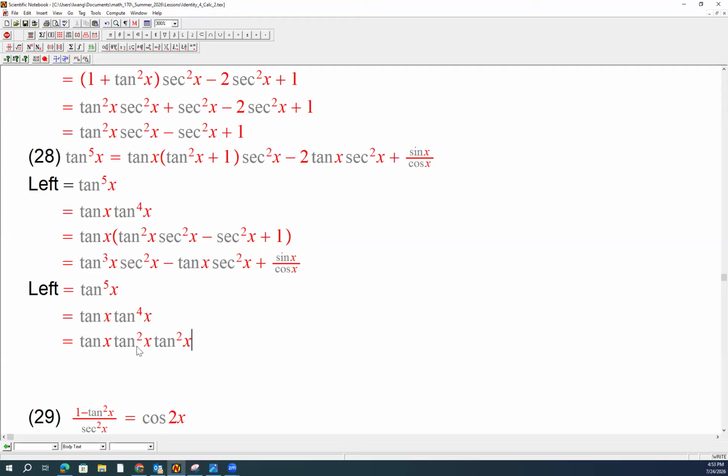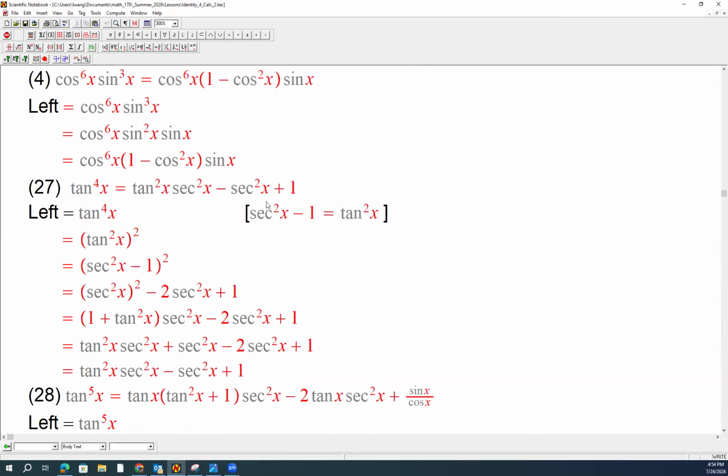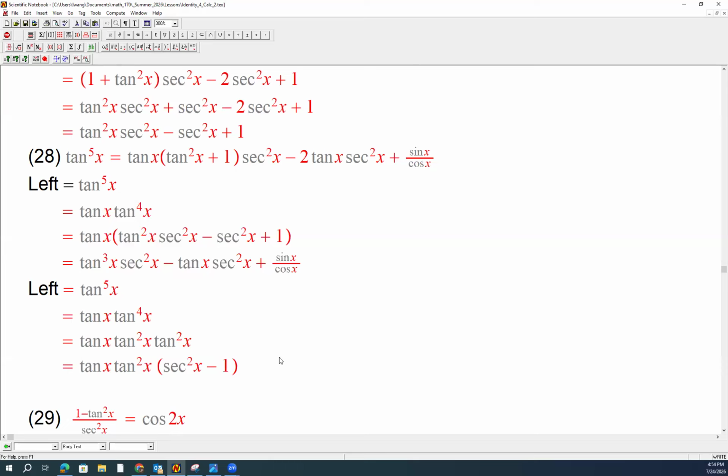With this one, we're going to distribute and make some changes. The tangent squared will turn into secant squared minus 1, applying this relationship.